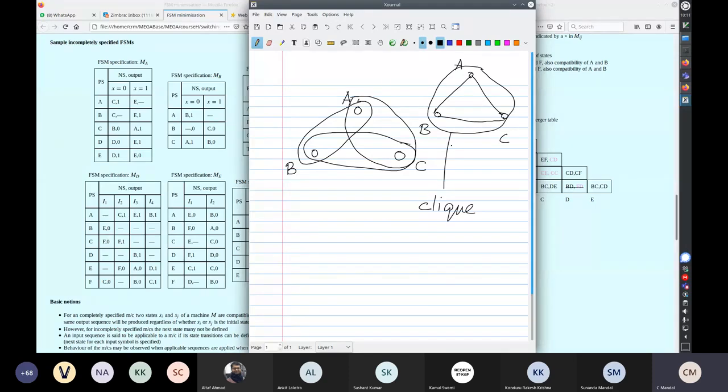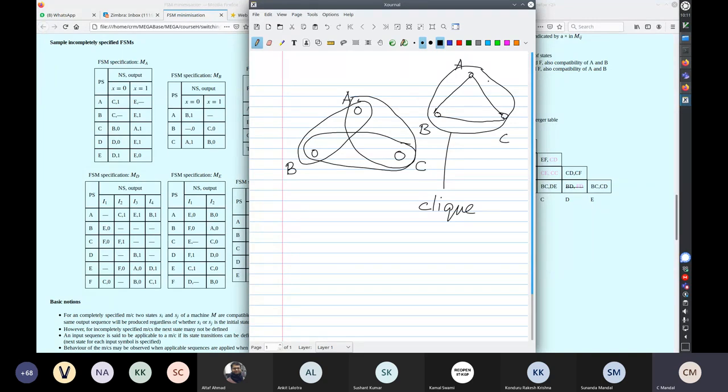So if all pairs are compatible, then you can merge all the three states together. So if you want to merge states A, B, and C together, all of them must be pairwise compatible. That is an important point to note.